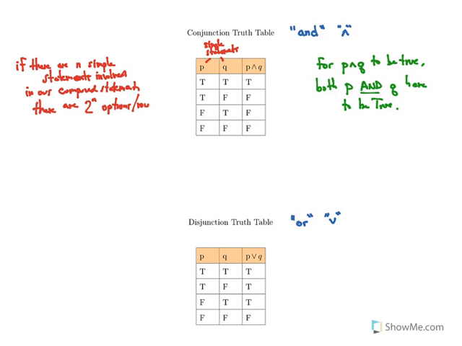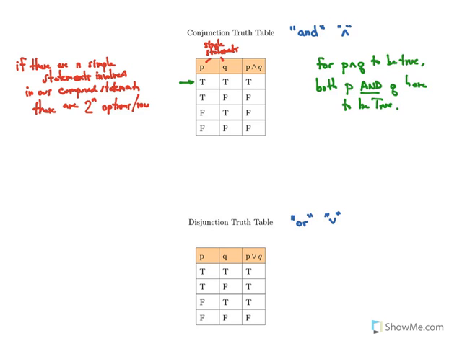So we can see in our first row, both P and Q are true, so P and Q is true. The rest of them are all going to be false because there's at least one false between P and Q. Q is false in the first, P is false in the second, and then they're both false in the third. This is our truth table for a conjunction, P and Q.